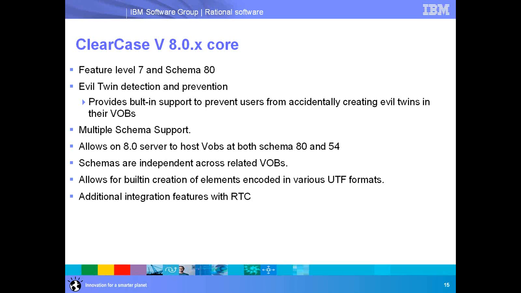In 8.0 there is no constraint for you, because 8.0 would support both schema 80 and schema 54 WABs. So once you upgrade, you can take your time, plan your downtime, and then properly reformat your WAB and increase the schema level from 54 to 80.